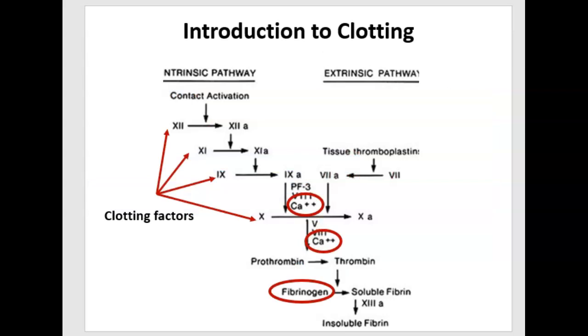And blood clotting happens by a couple of different pathways, which we'll talk about later. But we have these clotting factors in our plasma. They're just named with numbers. Clotting factor 12, 11, 9, 10. Here's 6. Here's 7. We got a lot of clotting factors, right?